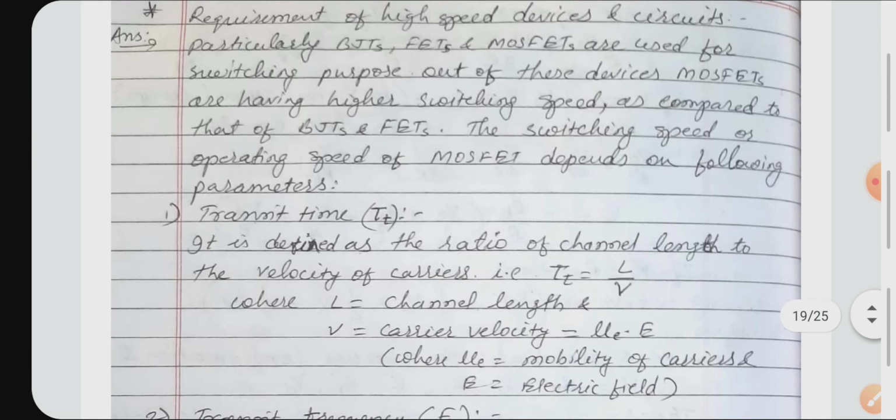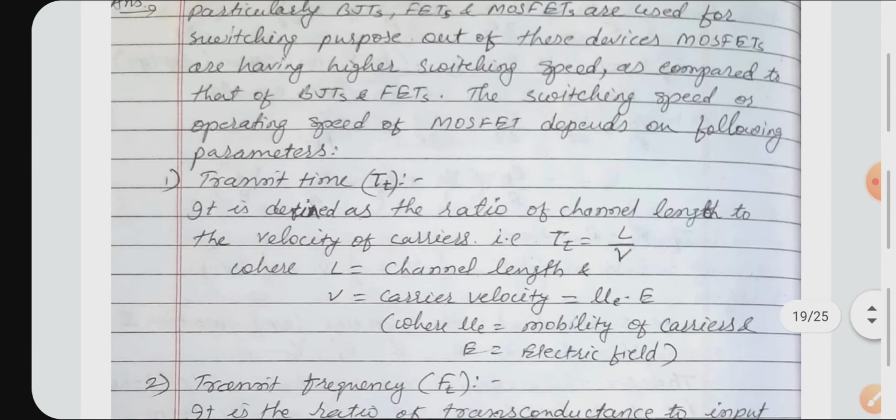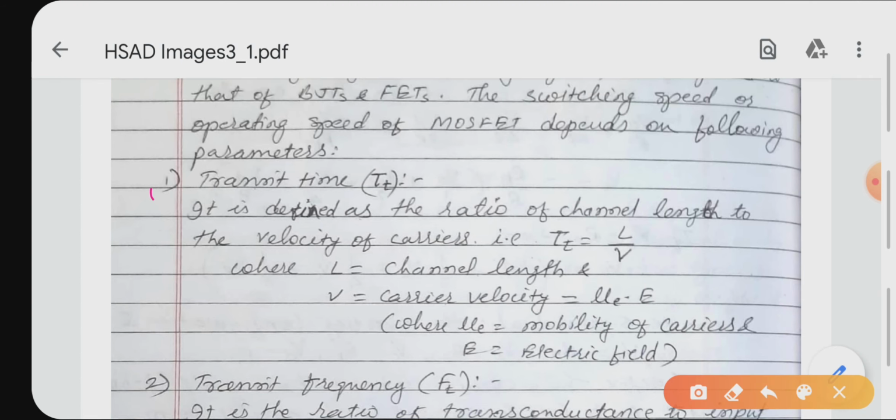So the very first important parameter is transit time, which is denoted by capital T with suffix small t.